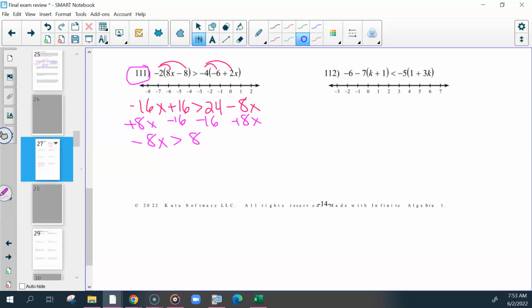I don't know if I did that math right. Yes. And then divide both sides by negative 8. So the sign would change direction, so it is now less than negative 1. So that would be an open circle at negative 1, going to the left.